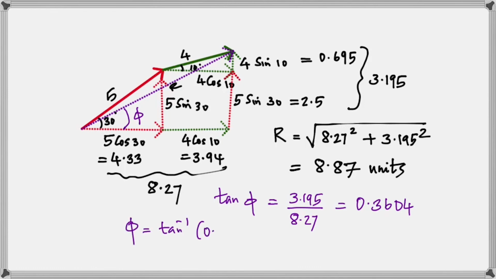Do you have it? What do you get? 21.12. Okay, let's. I got 19.81. Who's doing it wrong? 19.82? You hit some wrong key somewhere.